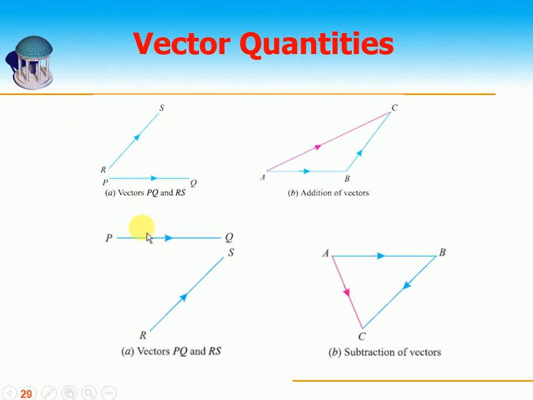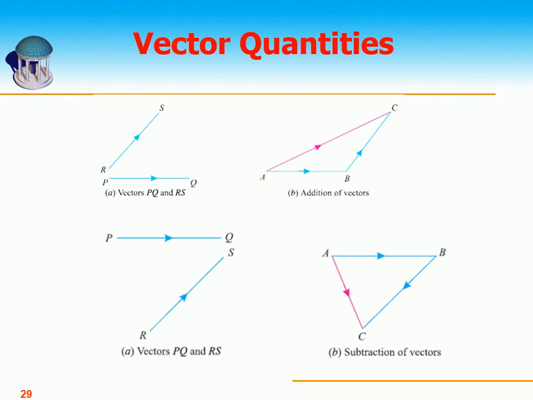Let's see, vector quantities are represented by an arrow, and this arrow is plotted to some scale. You see there's a vector PQ. This is the tail and this is the head, and this arrow shows the direction. There's another vector RS at some angle from the horizontal, with its tail and head. If I want to add these two vectors or any two vectors, we use the head to tail rule.